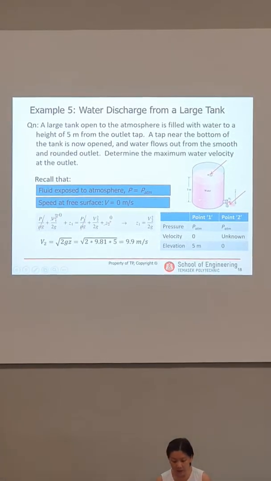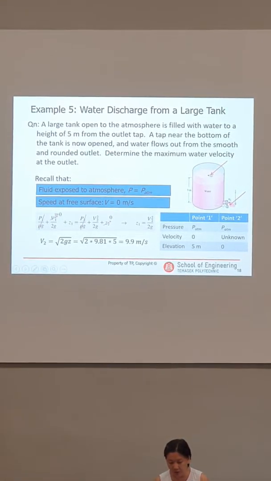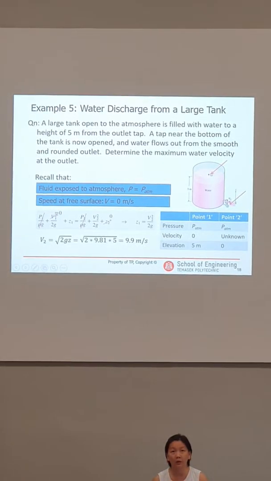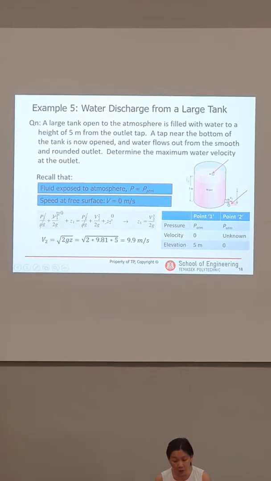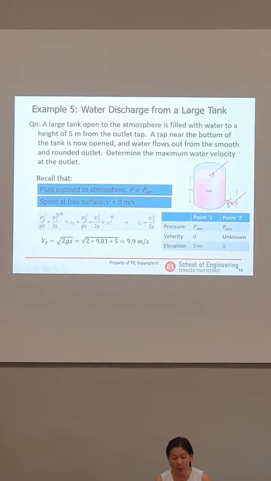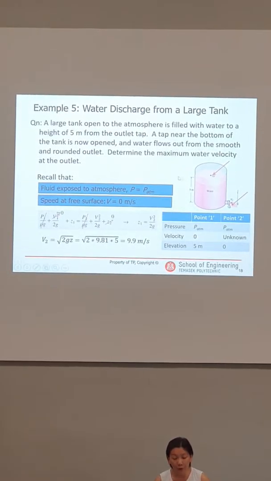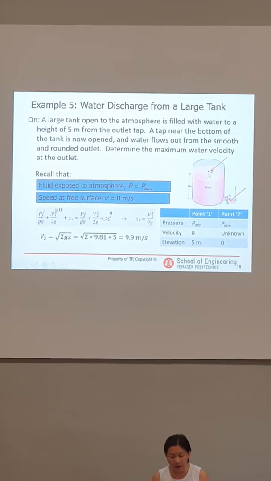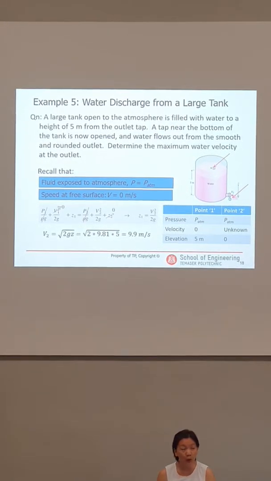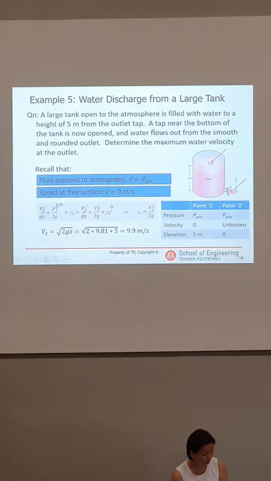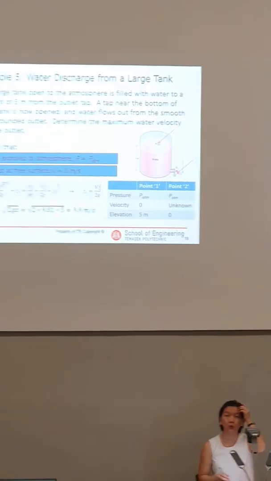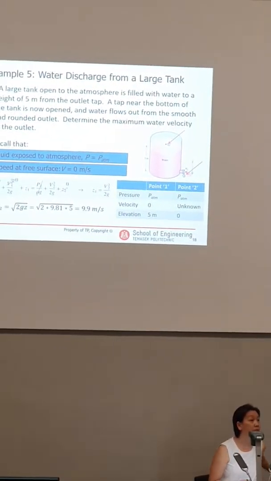I have fixed my datum on this line here, which means Z2 equals 0. If I fix my datum here, what will be Z1? Negative. Z1 is 0, and then what will be Z2? Minus 5.